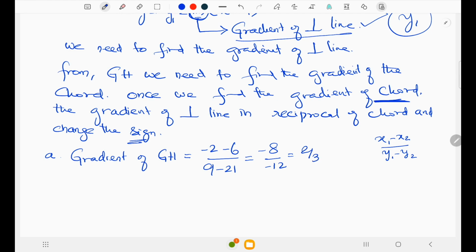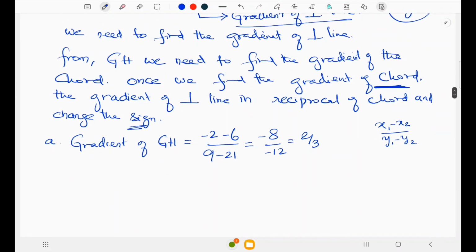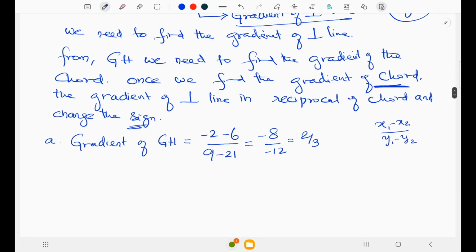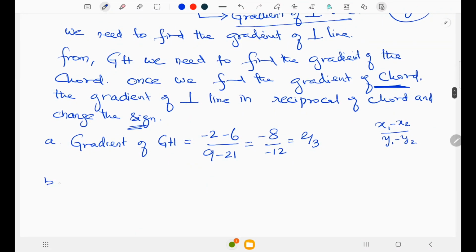This is the gradient of the chord. Once we find the gradient of the chord, we need to find the gradient of the perpendicular line. Already I said, reciprocal of the gradient m. What is the reciprocal of the gradient of the chord? It is 2 by 3.